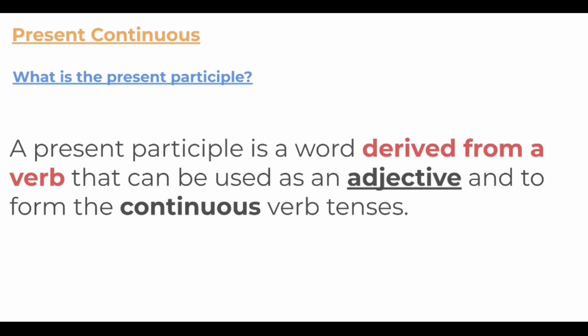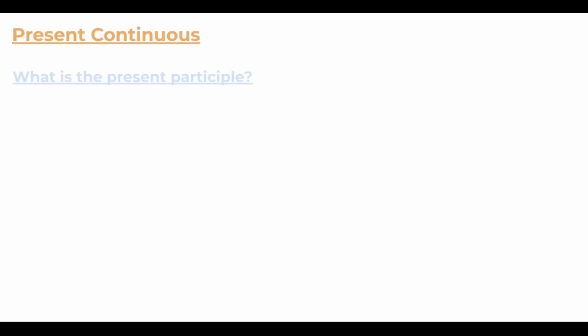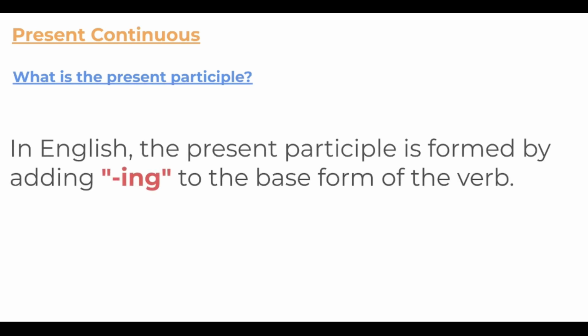So it's sort of multifaceted, if you like, but it's important to use this with the continuous tenses because it reflects that ongoing nature. And it's formed by simply adding ing to the base form of the verb. So any verb that you have, write becomes writing, read becomes reading.